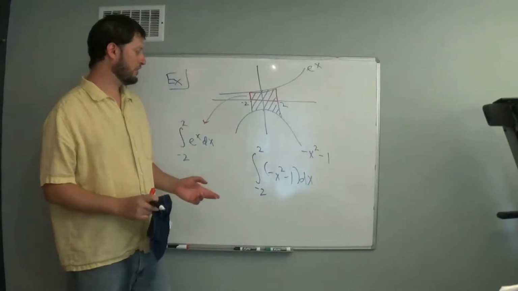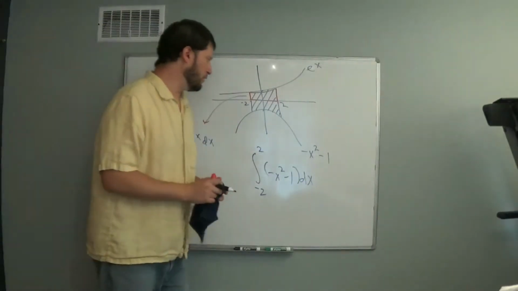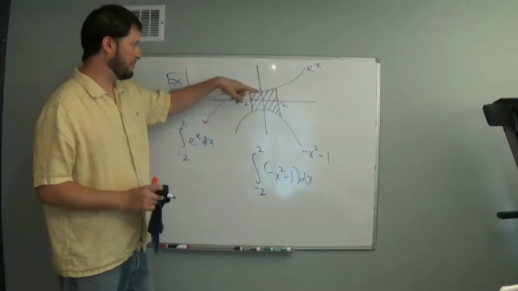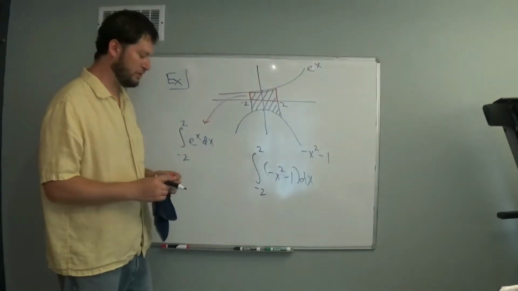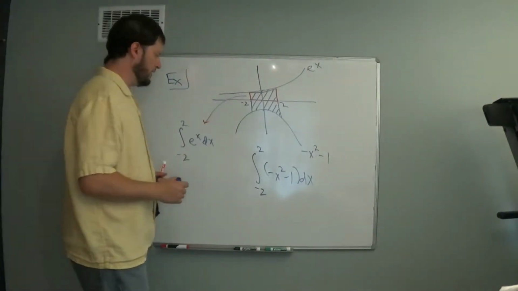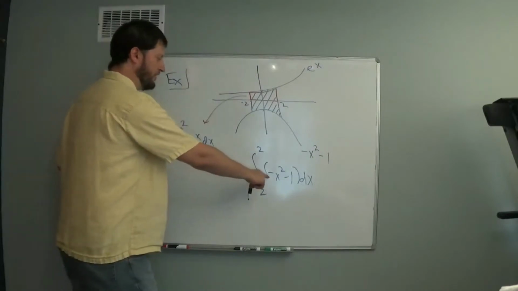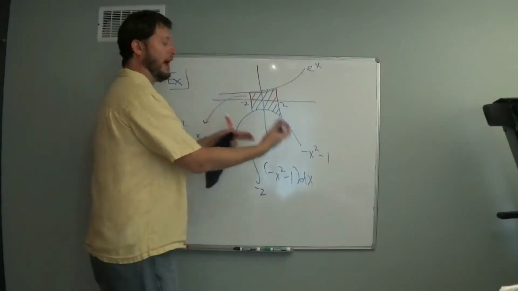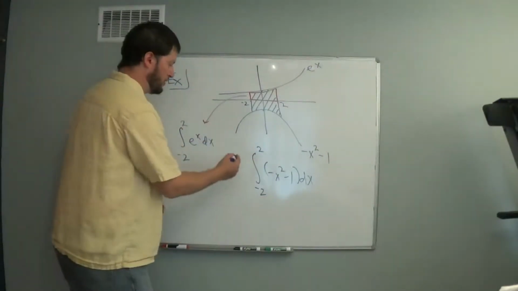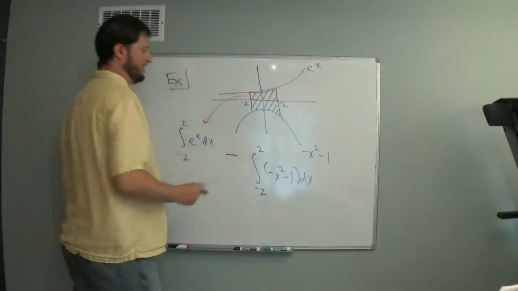So what am I actually going to need to do in order to get the total area that's between the two? Since this is a negative number, I actually want the positive version of that number, so really I need to subtract this.